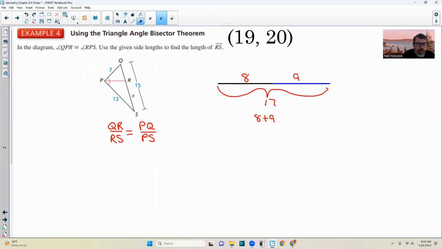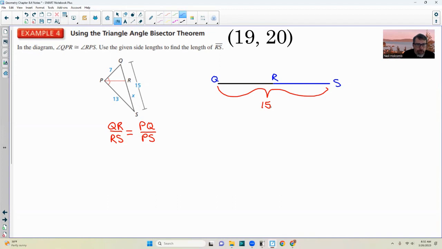So I'm going to now change the value of what we have. We have 15. And we have RS. So if this was Q, and this is R, and this is S, so it's this side right here.